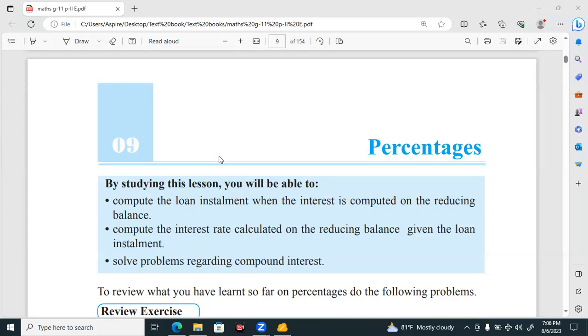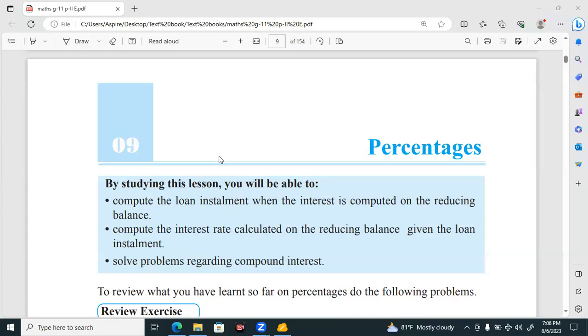Also you can remember that as one small part, we discussed interest in grade 10. And when it comes to grade 11, in the lesson of percentages, we discuss two more types of interest. Okay, when it comes to interest, there are mainly three types of interest that you learn in the O-level syllabus.